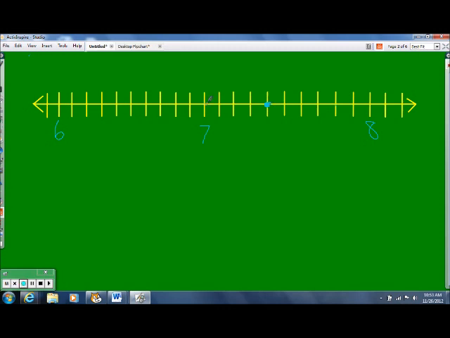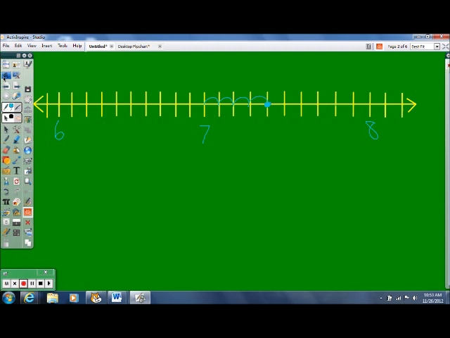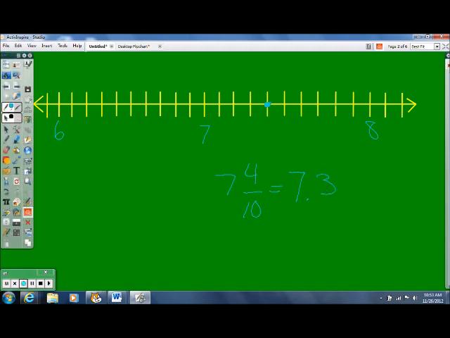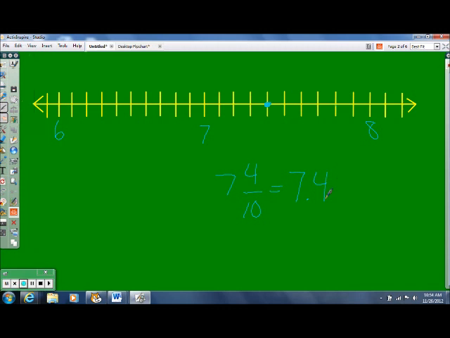We can see that it's 7 and 1, 2, 3, 4 tenths away. So we have 7 and 4 tenths. And to write that as a decimal, it would be 7 decimal 4, which is 7 and 4 tenths.